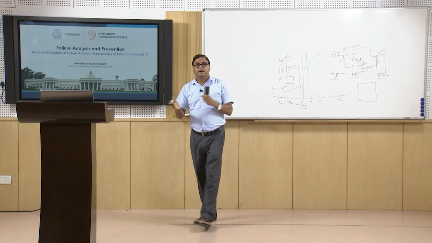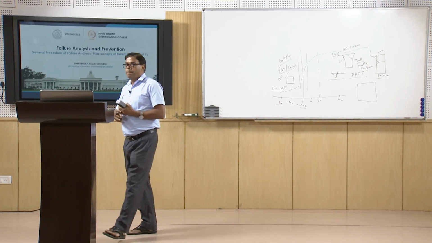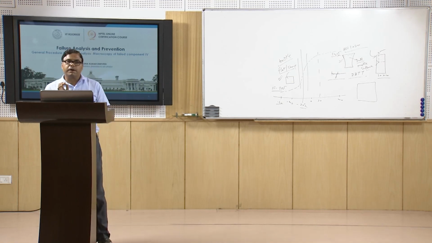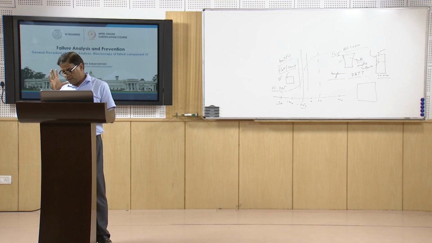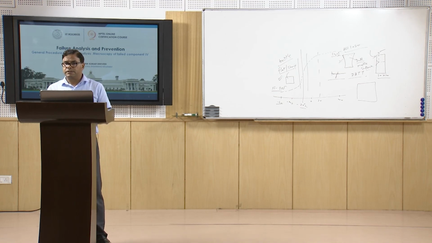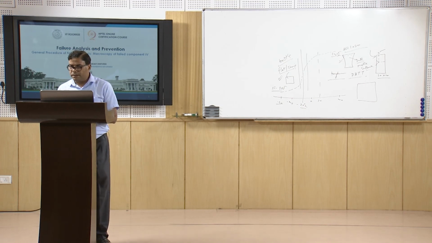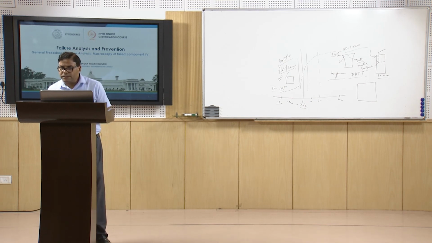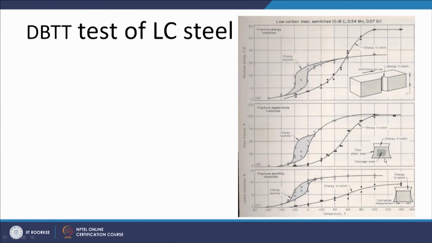So, how to indicate the approximate proportion of the shear fracture or the brittle fracture just by observing the fracture surface? What we can see here is that when the fracture takes place, at the center we find the brittle fracture and at the sides we find the shear fracture.